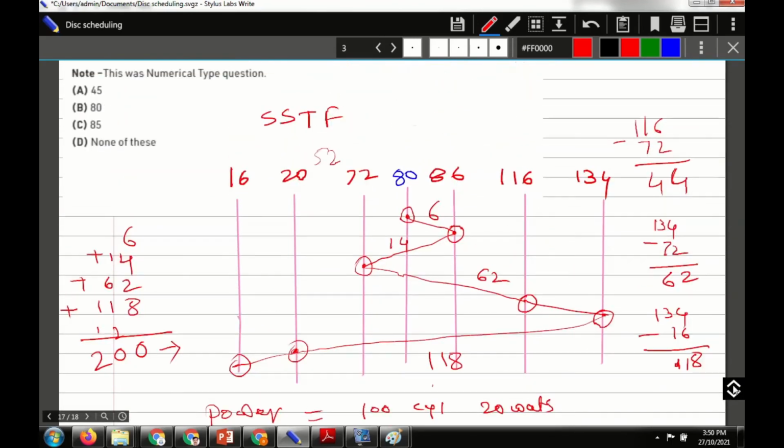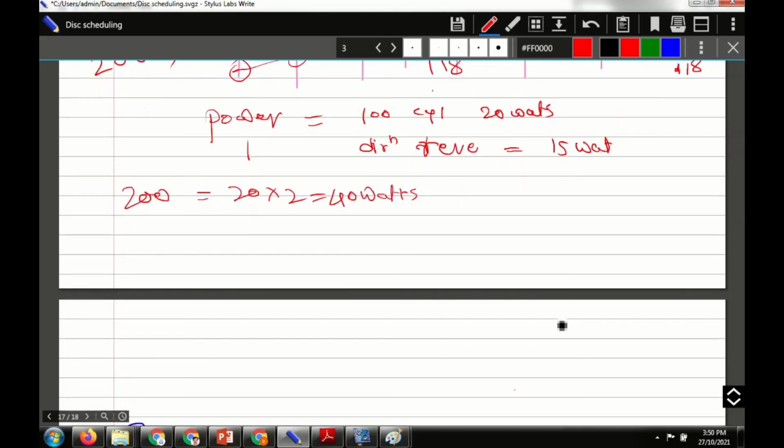And one more thing, they have mentioned that a direction reverse costs 15. So how many times is the direction reversed? Here 15 will be required because the direction is reversing here. Then here again 15 will be required because the direction is reversed, and again here 15 will be required because the direction is reversed.